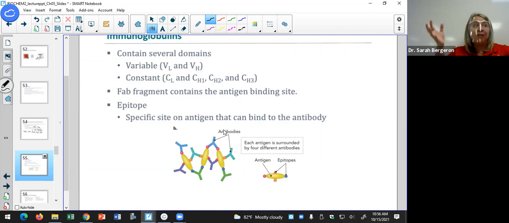So if you cover the spike proteins with antibodies, you hide it, right? It's like those spike proteins don't exist, even though the virus is inside of you. And so then it can't bind to the receptor, it can't get into the cell, it can't initiate an infection.